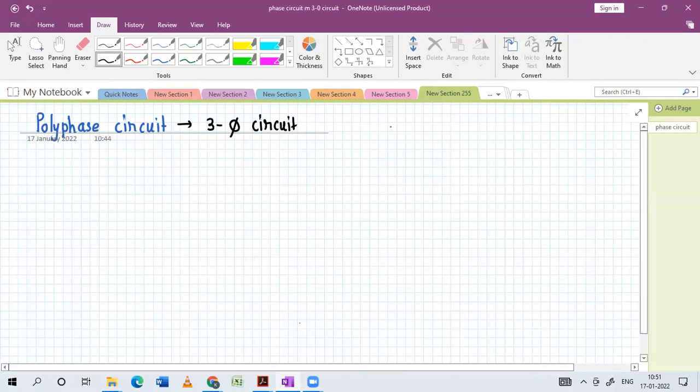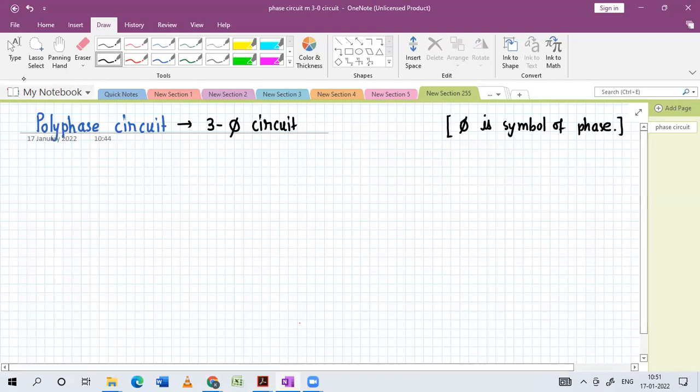Now phi is the symbol of phase. Remember this thing. Okay, phi is a symbol of phase.